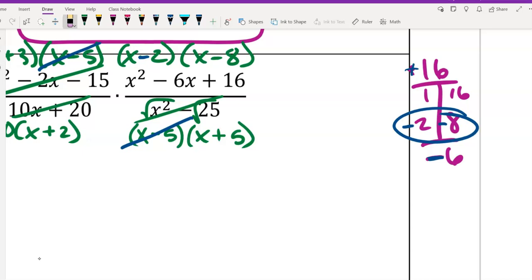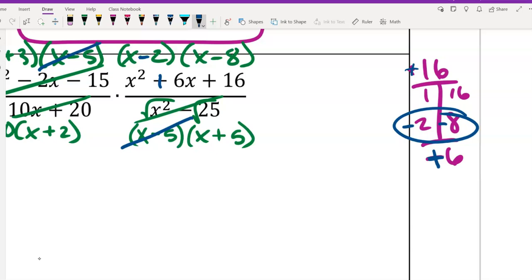Wow. Yeah. I'm going to have to change this 16 to a negative. Actually, let's just change the 6 to a positive.